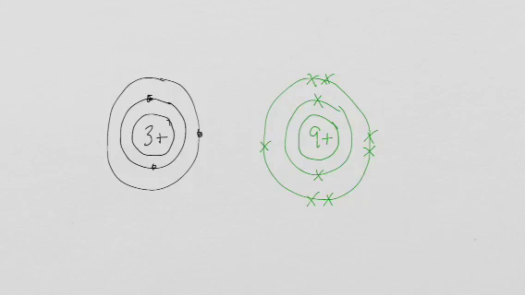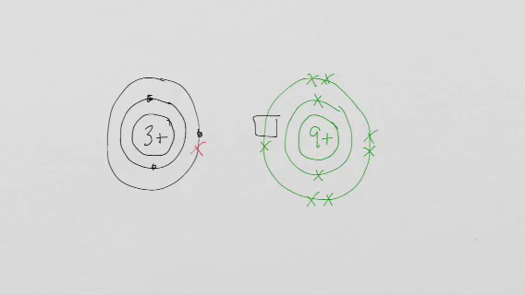So, if we look at these 2 atoms, these atoms will form an ionic bond. They will form a transfer of electrons when they actually bond together. Fluorine over here is going to be our electron taker because fluorine only needs 1 electron to fill that outermost shell. Whereas you've got something like lithium.